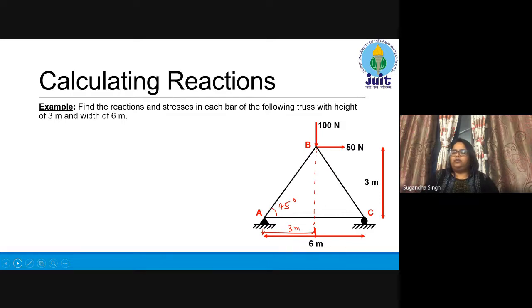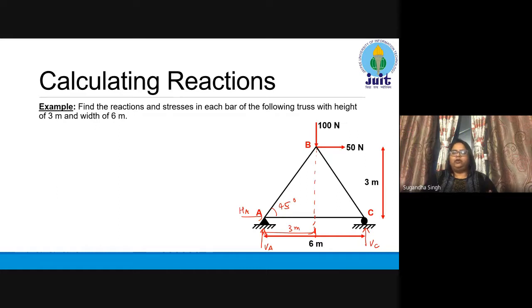The truss is also supported on a pin support at joint A and a roller support at joint C. So at joint A, there is a vertical reaction, let's call it VA. At joint C, there is a vertical reaction, let's call it VC. And a horizontal reaction at joint A, let's call it HA.